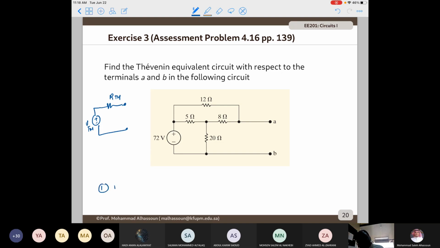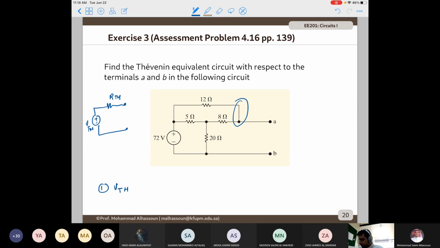So let me start with V Thevenin. For this circuit, I can use any technique that we studied to find the voltage between A and B, the voltage VAB, which is this voltage.